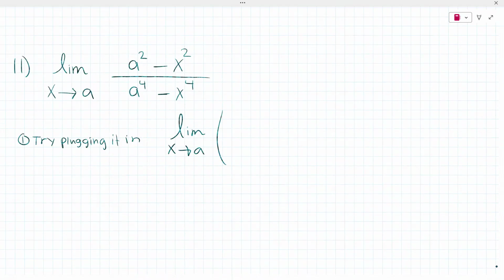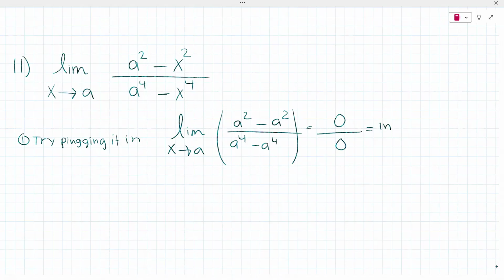Wherever you see an x, plug in a. So a squared minus a squared is 0, and a fourth minus a fourth is 0. You have an indeterminate form. So not good.